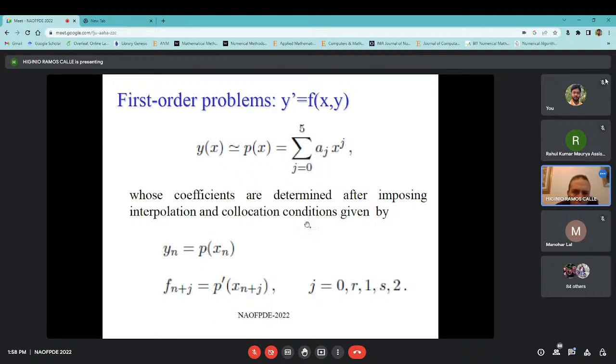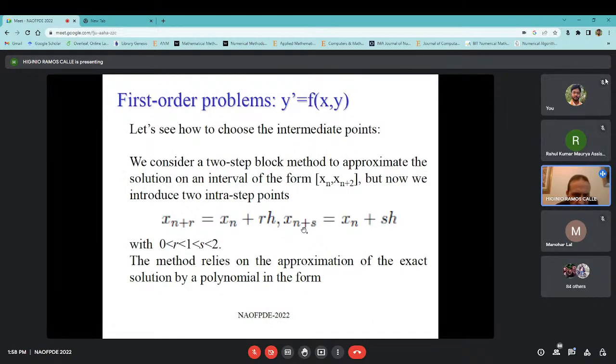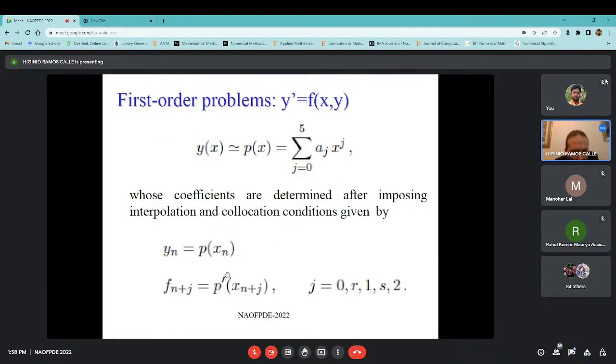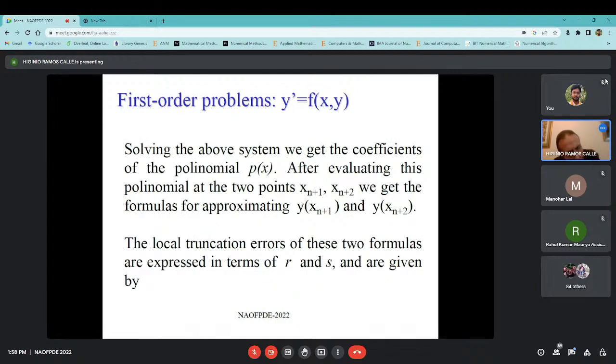Those coefficients will be expressed in terms of the values at our disposal, all those values. So this is the system to get the coefficients of the polynomial, and then we apply the polynomial to the points xn plus 1 and xn plus 2, and we obtain two formulas for approximating the exact values at those points.